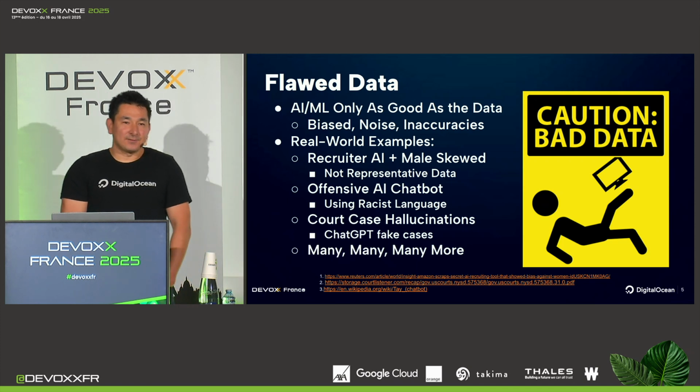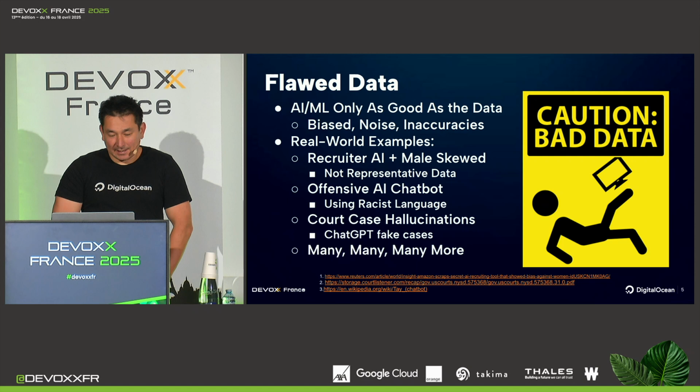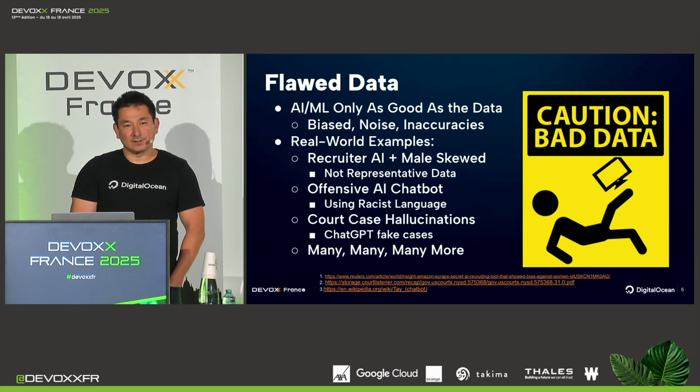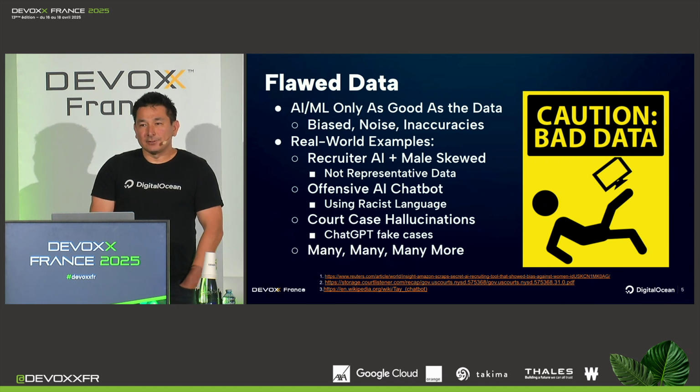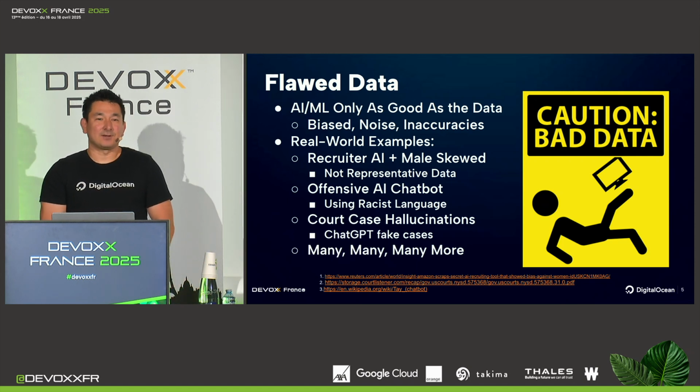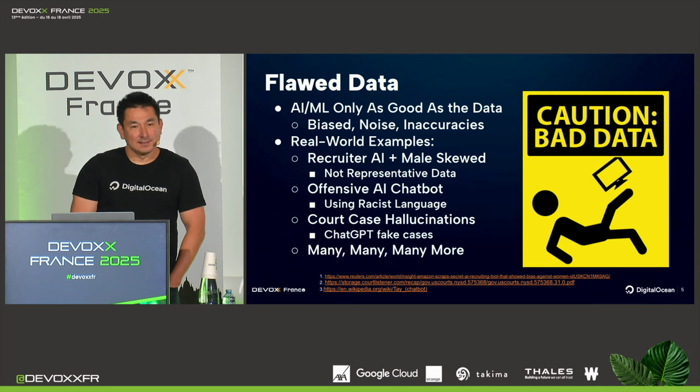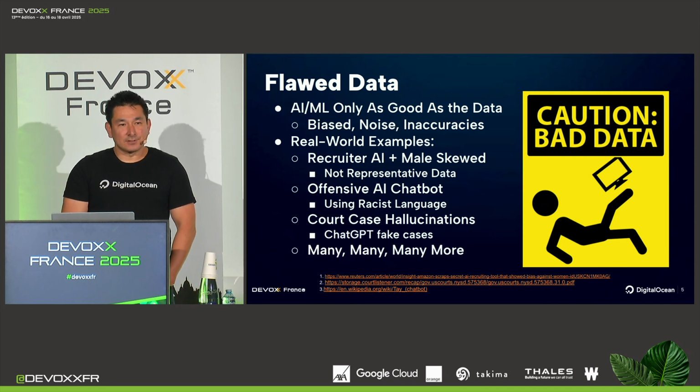And how that can manifest in the real world is I have a whole bunch of examples here, but I'll note two of them. One is an AI recruiter that was used by a company, let's just call it company A. And when they were using this AI recruiter, they were using data sets which consisted of resumes that were mostly entirely resumes for males.